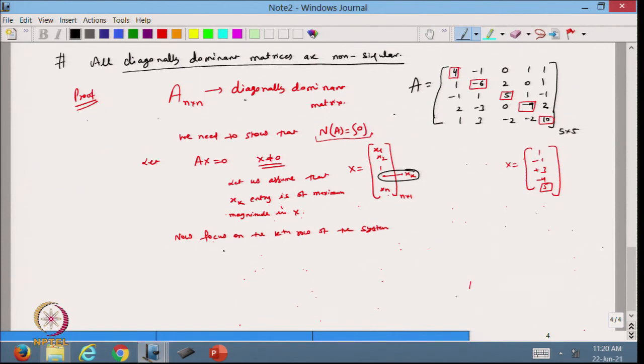It will be equal to a k 1 x 1 plus a k 2 x 2 up to a k n x n, that will be equal to 0. So, I am writing the homogeneous system A x equal to 0, and in that system I am taking only the kth row, and from here I get this value.